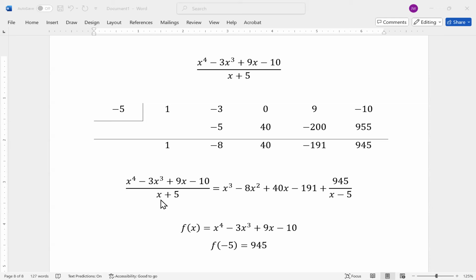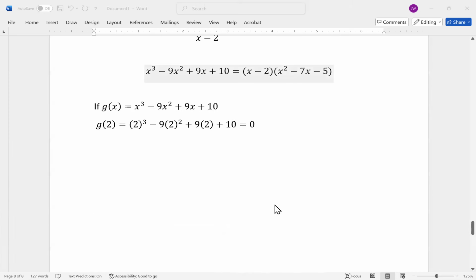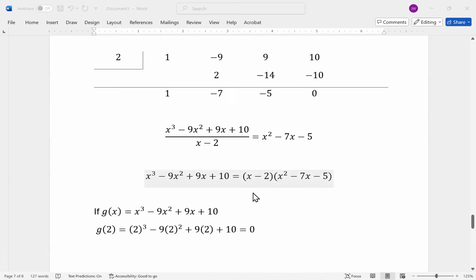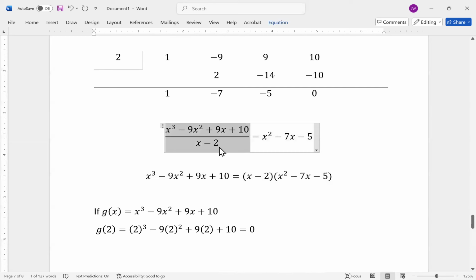Now, once again, that means that this dividend cannot be written as x plus 5 times another polynomial, because it's going to be x plus 5 times this thing, and this thing is not a polynomial. On the other hand, if we did get a 0 like we did in the previous problem, then we could say this dividend can be written as the divisor times the quotient.